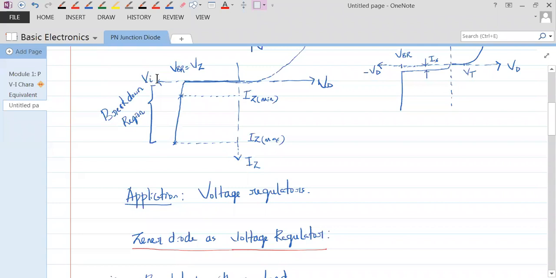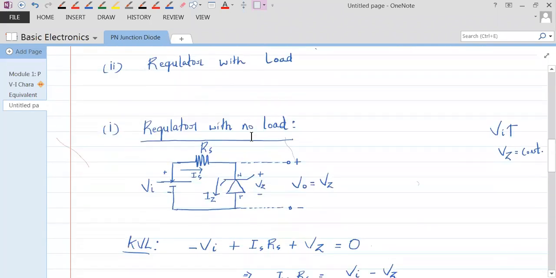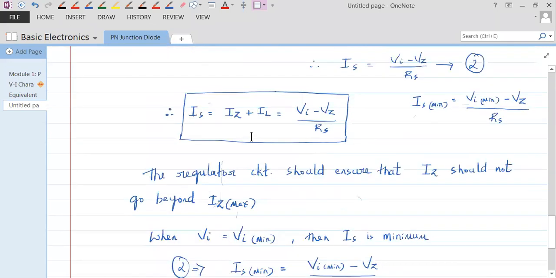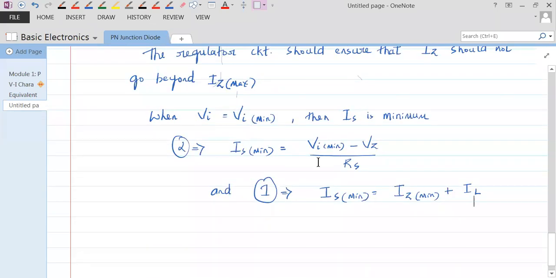Vi has to be Vi maximum, and that is the maximum voltage that we can apply, because beyond that Iz max would further increase, which is not good for the diode. Get that point? So that is why we are getting the equation for Is minimum like this, which will give you Iz minimum.